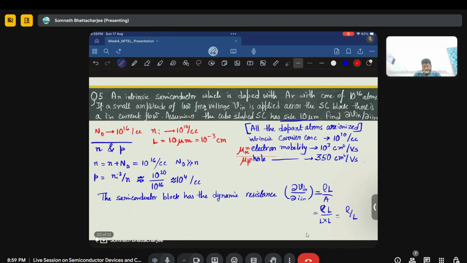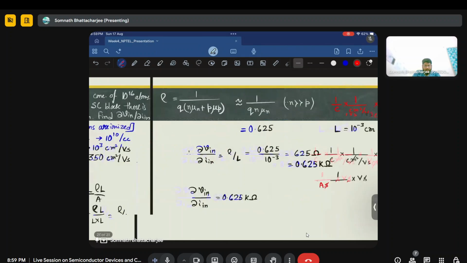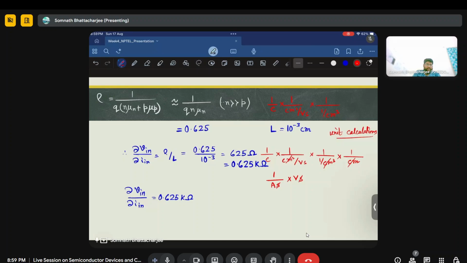What we have done here is, based on the doping, we calculated the carrier concentration for the holes and the electrons, and based on that we calculated the dynamic resistance, rho L by A. As this is a cubic one, A is L multiplied by L, so it would be rho by L, and we put in the value, 0.625 kilo ohms.